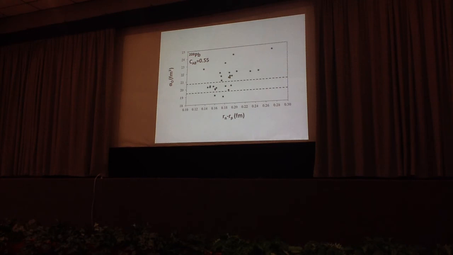But then they did something else. They also correlated them to the tin isotopes. That's fine. It just needs more data. But my point is that the statement in the paper that Rn minus Rp in lead-208 is 0.17 plus or minus 0.02 is false, in my humble opinion.